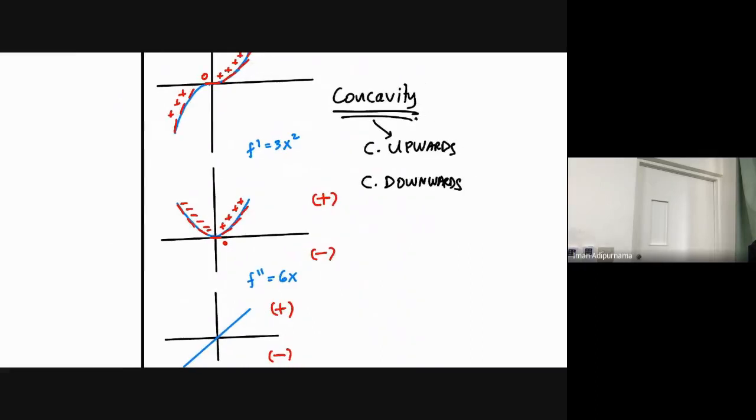So when f double prime is 0 and it's changing from negative to positive, or positive to negative, it means the concavity changes.